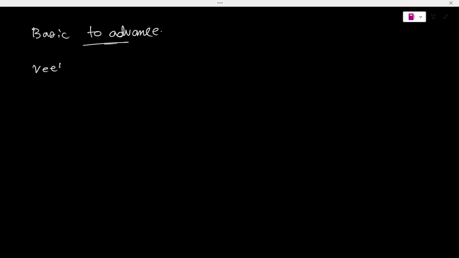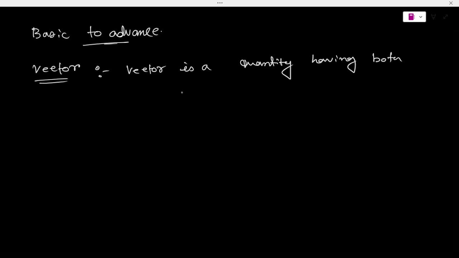So for vectors, what is a vector? Now a vector is a quantity having both magnitude and direction.